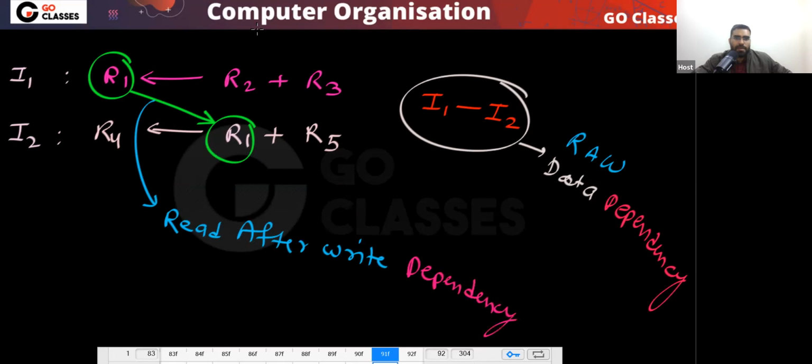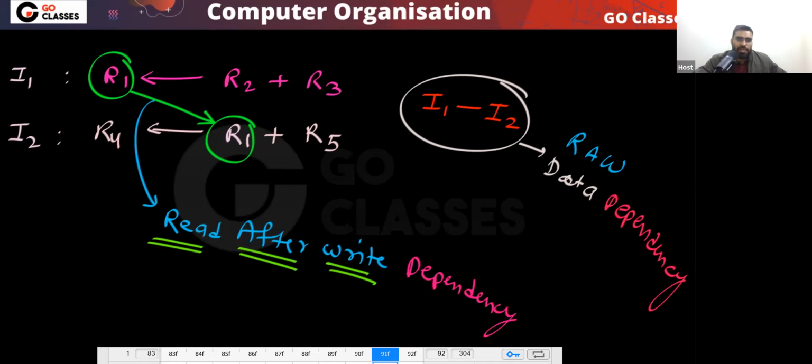Yes or no? Do you agree that this read must happen after this write? Can this read happen before this write? Can instruction I2 read R1 before instruction I1 is writing R1? No, you cannot do that, right?